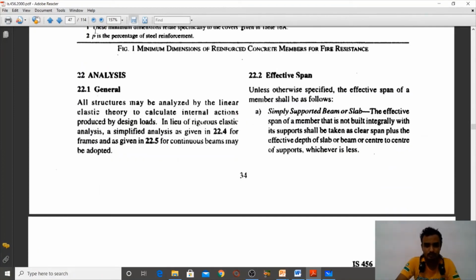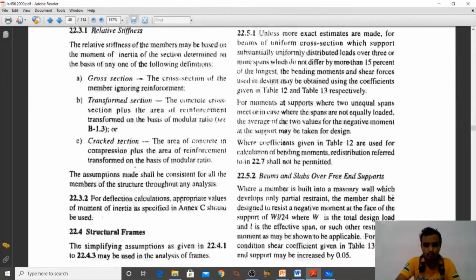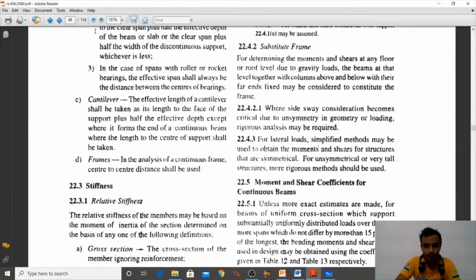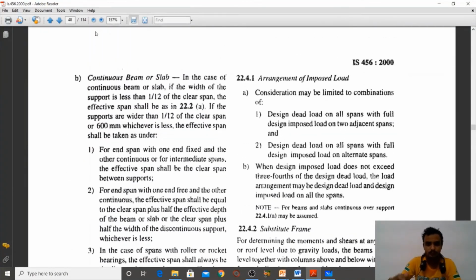This clause says the arrangement of imposed load on a continuous beam.